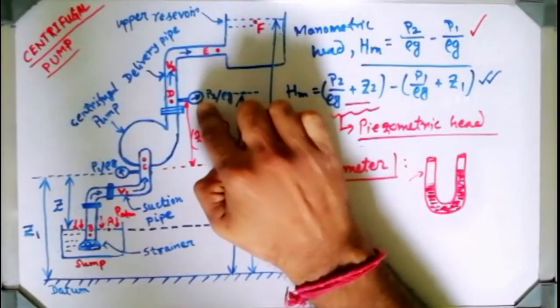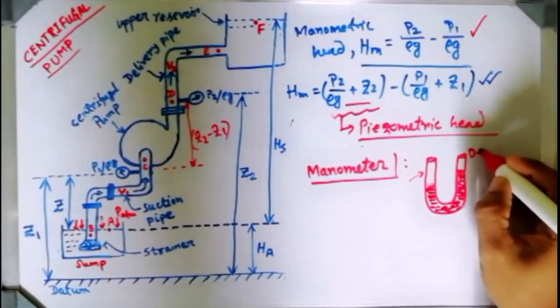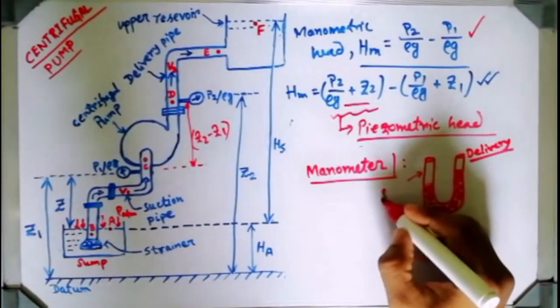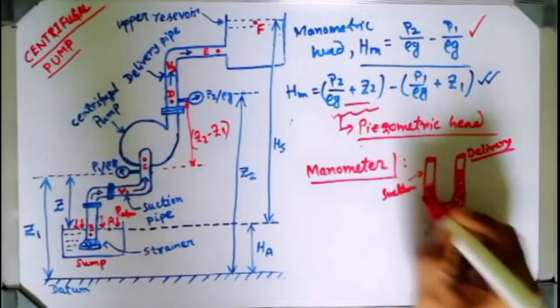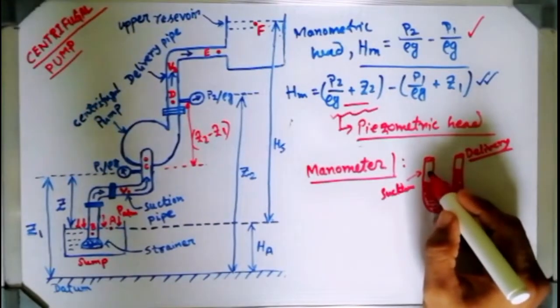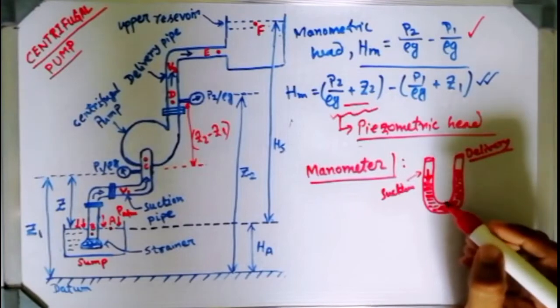I told you that P2 pressure will be higher. So if you connect here, this is suppose the delivery side, and this is connected with the suction side, so the pressure of the working fluid acting here will be less.